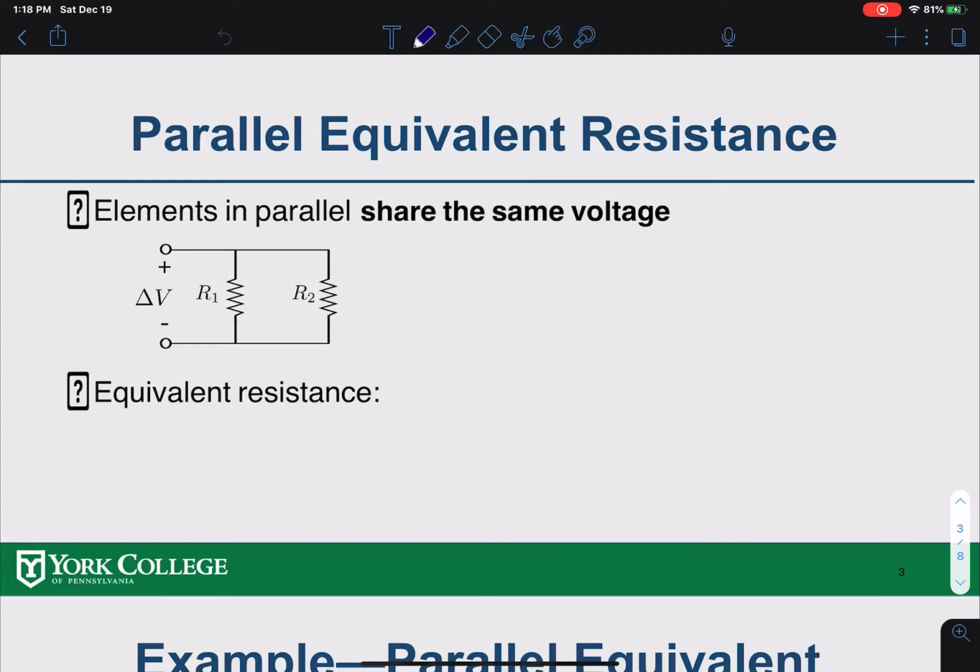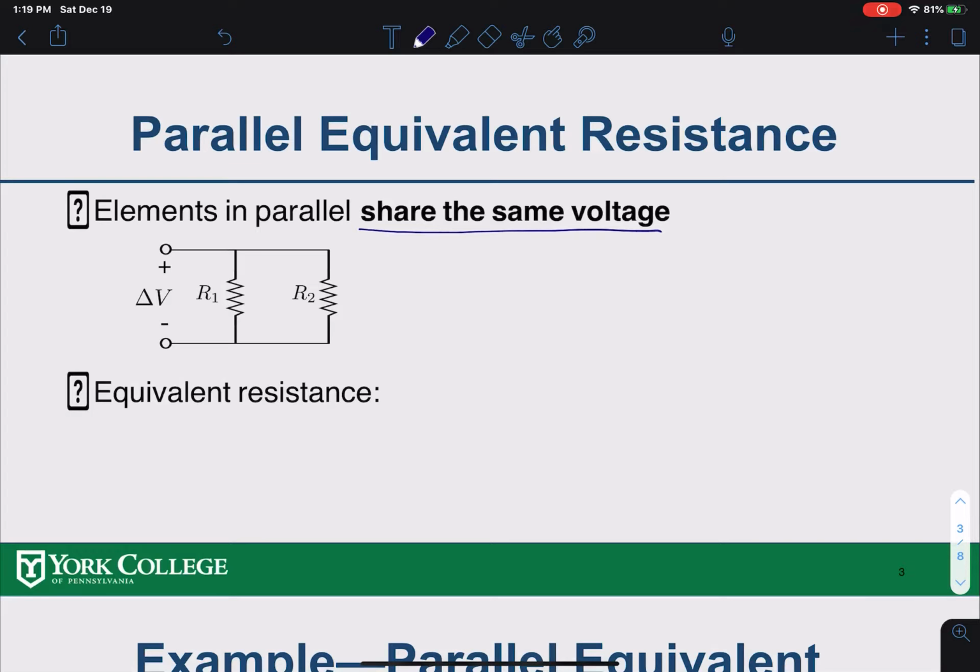Remember that in a series connection, all the elements share the same current. For a parallel connection, all the elements connected in parallel share the same voltage, so the voltage across R1 is the same as the voltage across R2.